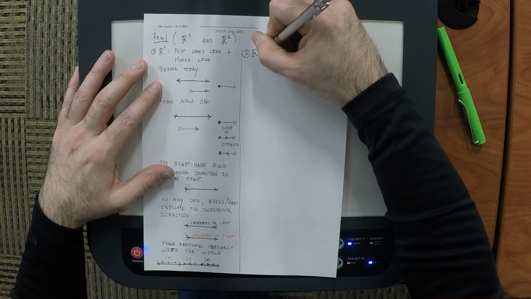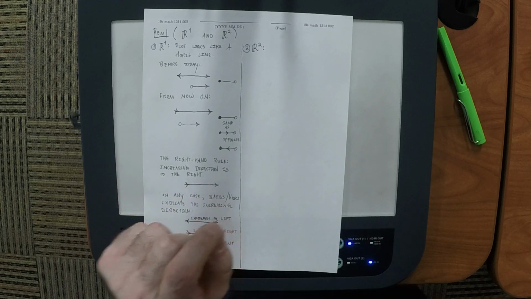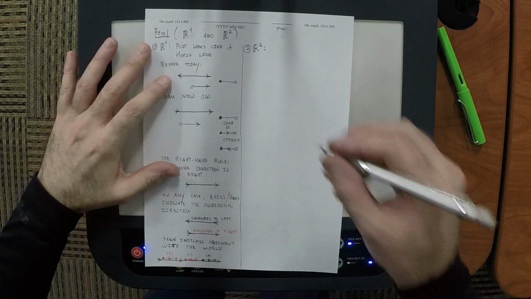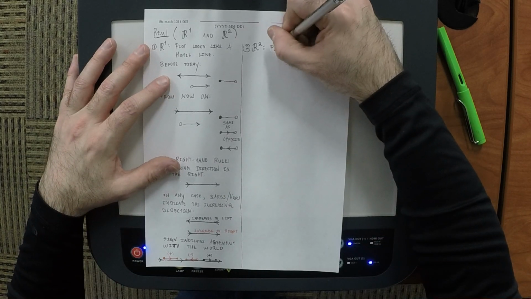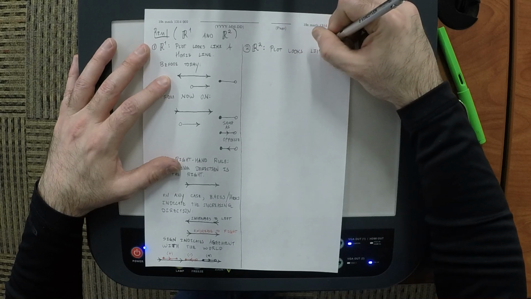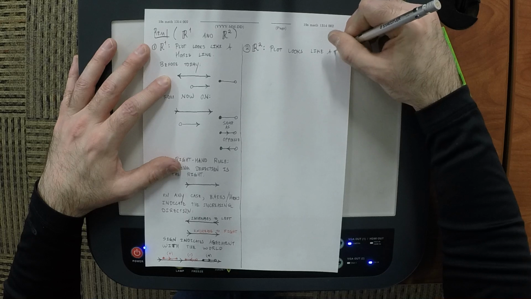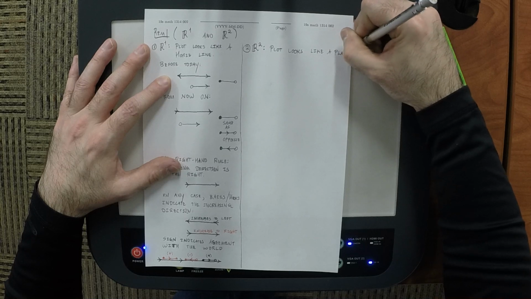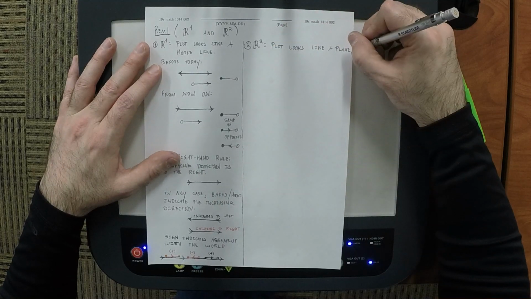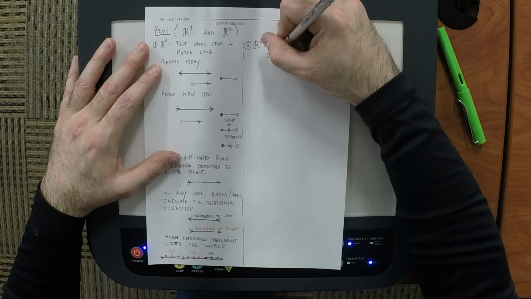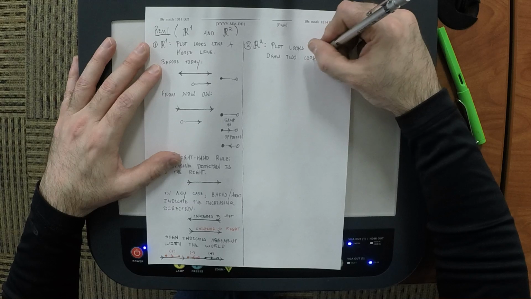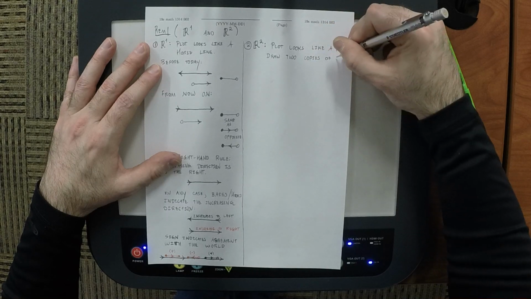What this means is the 2 in the end is going to mean that we want to keep track of two things, two-dimensional objects. So the way that we're going to deal with it is that we're going to have a plot, but now the plot looks like a plane. Okay, so then the way that we're going to do it is we're going to draw two copies of R1.